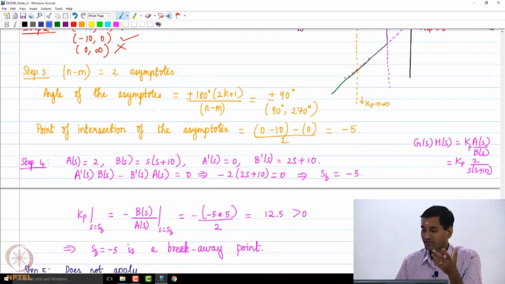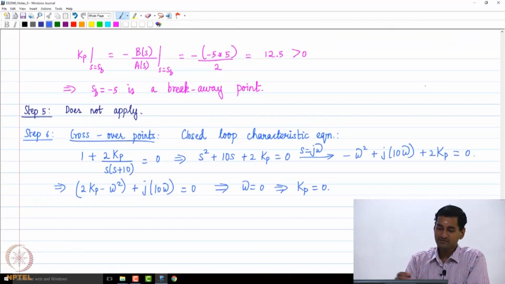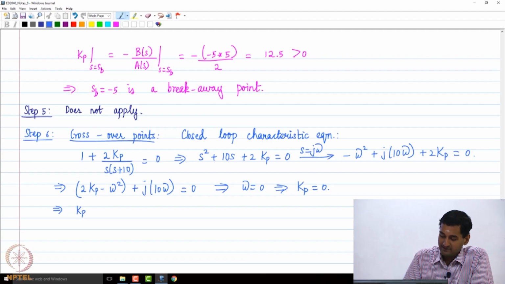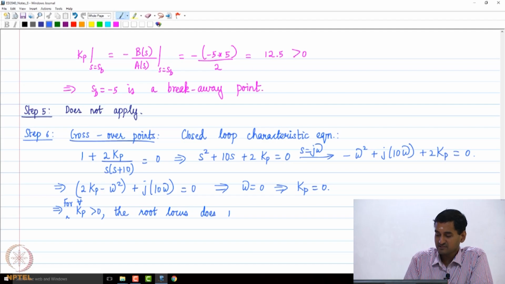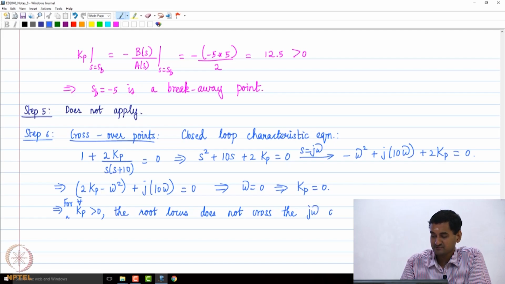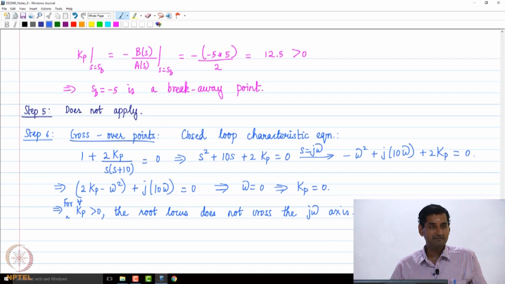So the conclusion we can draw is that for all Kp greater than 0, the root locus does not cross the jω axis.